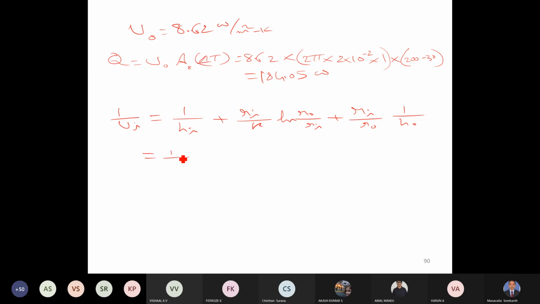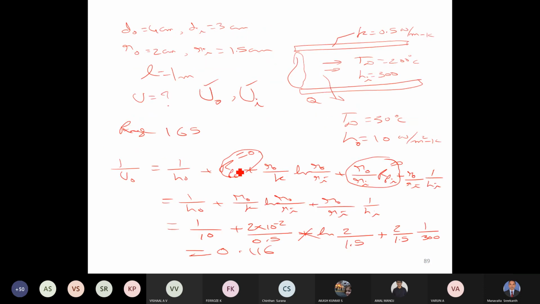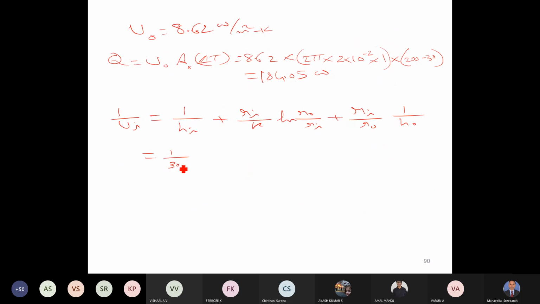So this is 1 by Hi plus Ri by K, where inner is 0.5, and logarithm of R out by R in, plus 2 by 1.5 multiplied by 1 by H naught.